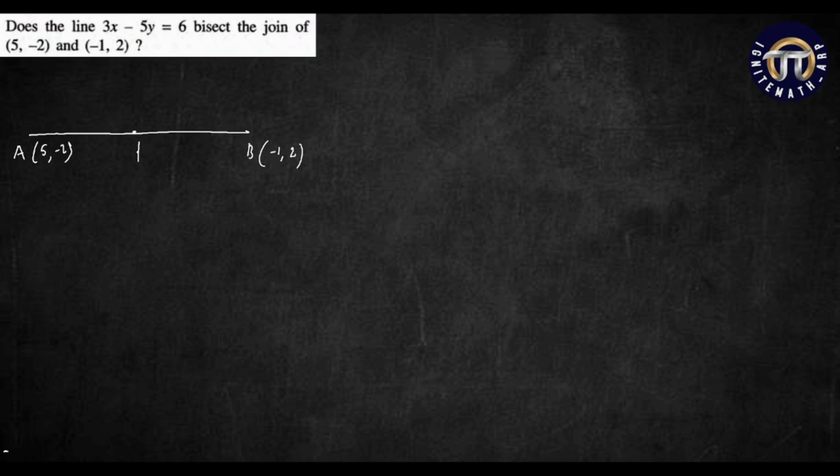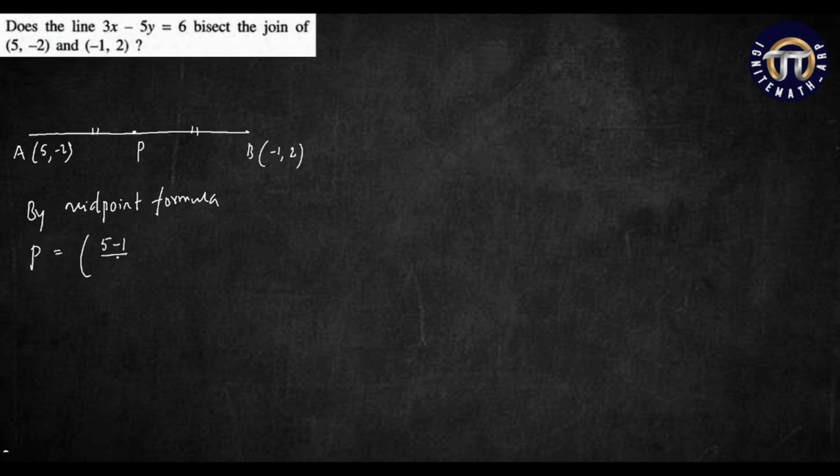You need to locate the midpoint P of AB, and you're asked to find out whether the line 3x minus 5y equal to 6 is passing through the midpoint of AB. So by midpoint formula, coordinates of P, I will find it out.